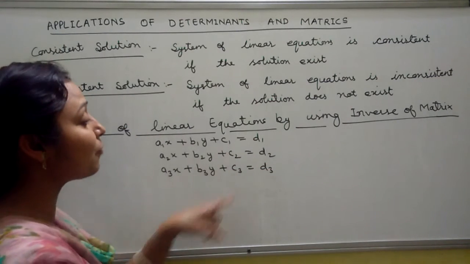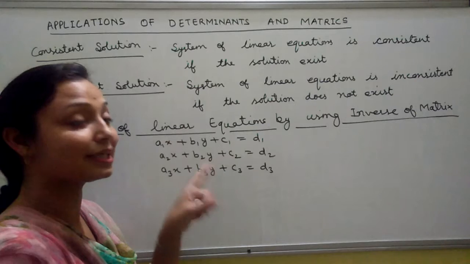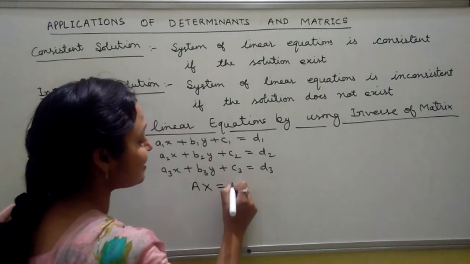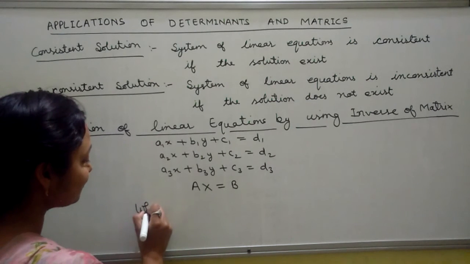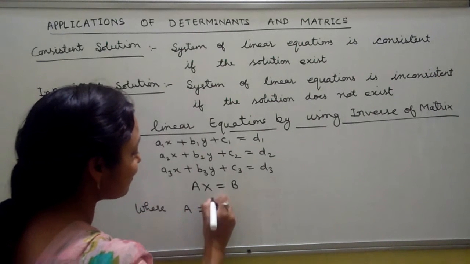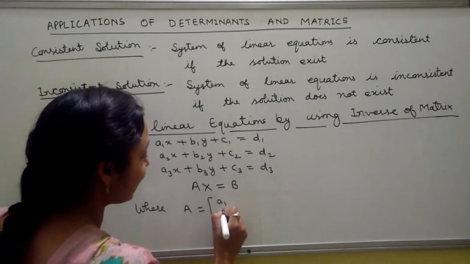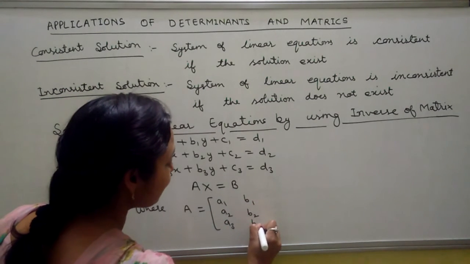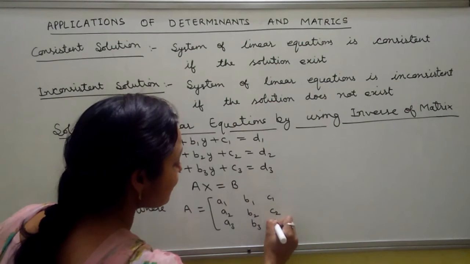That means if I want to write this linear equation in the matrix form, it will be AX is equal to B, where A is equal to a1, a2, a3, b1, b2, b3, c1, c2, c3.